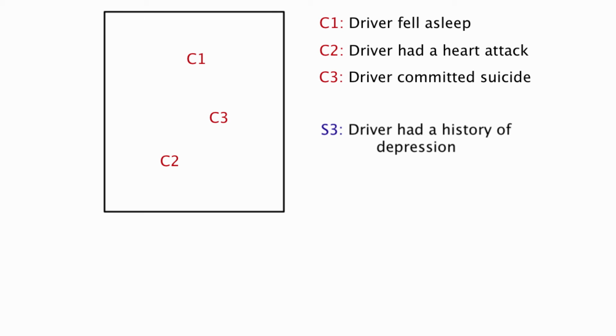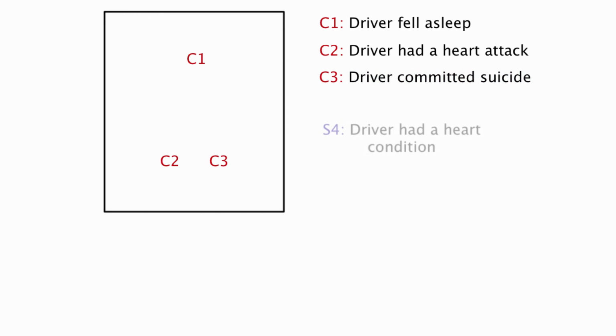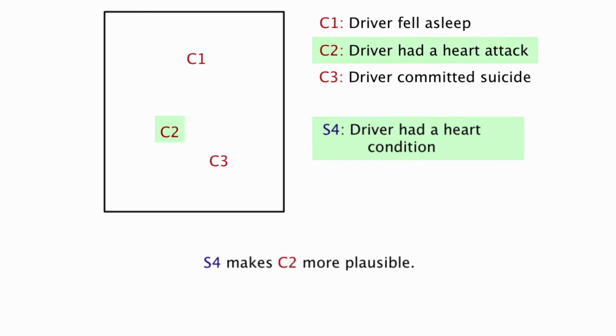So we would say S3 makes C3 more plausible. Now suppose we discovered that the driver had a heart condition. Most of us would say, in a common sense kind of way, well, he could have had a heart attack. Now, in a technical sense, we would say that that piece of information, that the driver had a heart condition, makes the heart attack rival more plausible.